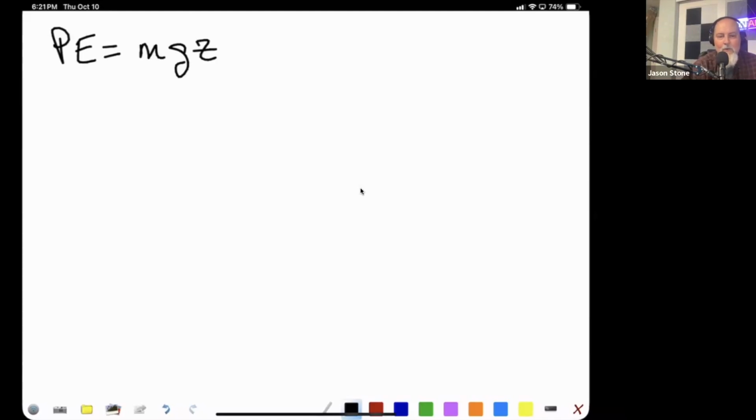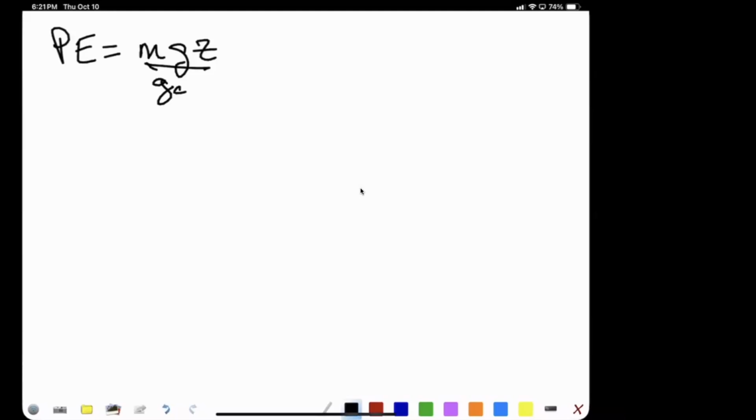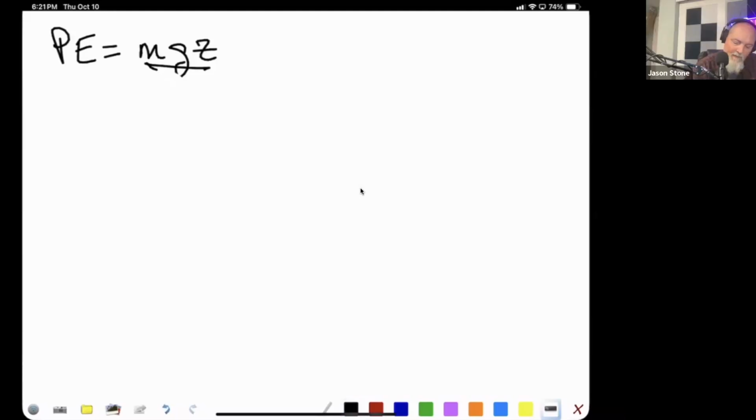You just have to know there's another conversion factor you have to add for your units to work out. So the actual equation is over g sub c. Okay, we'll leave that off and do it with the mass times the acceleration due to gravity times the change in height. So what's the mass?